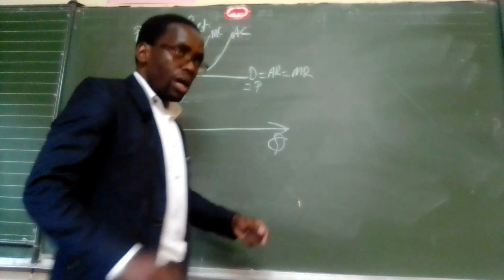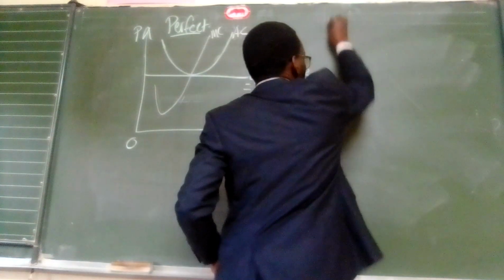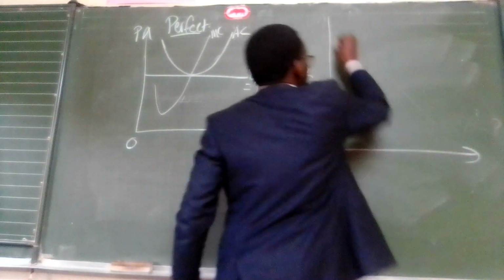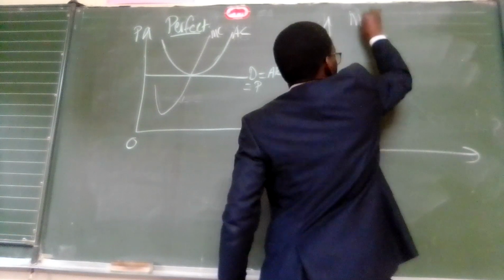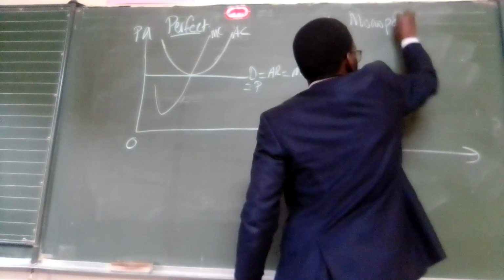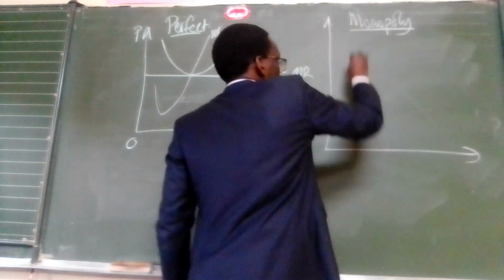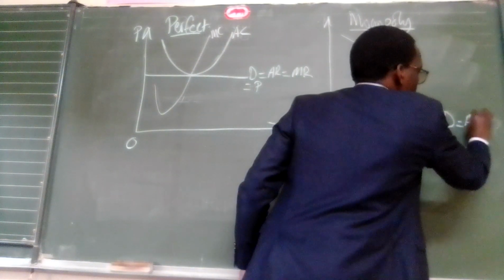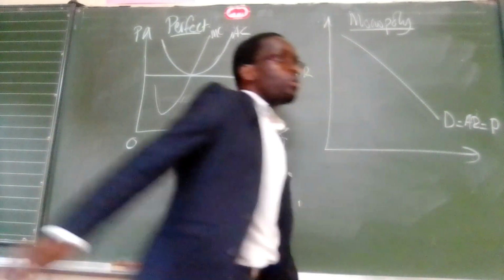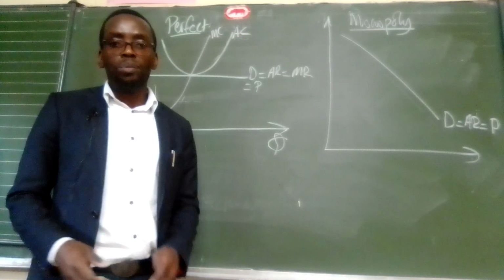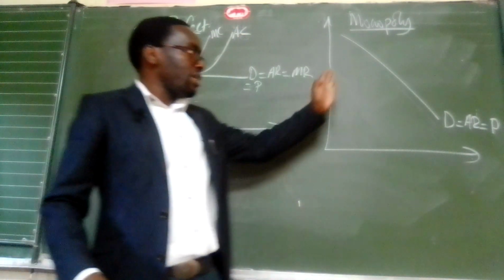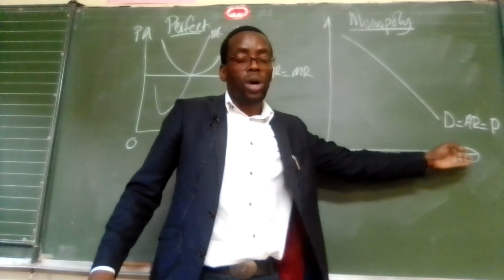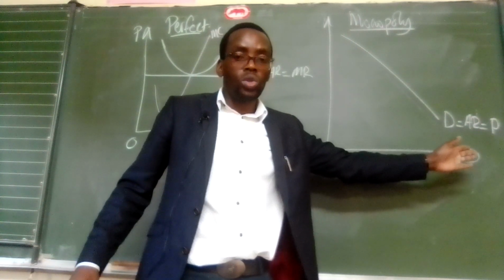Okay, and then we now look at the monopoly. Now, for a firm that operates in a monopoly, we are saying its demand curve is equal to our average revenue, which is equal to our price.